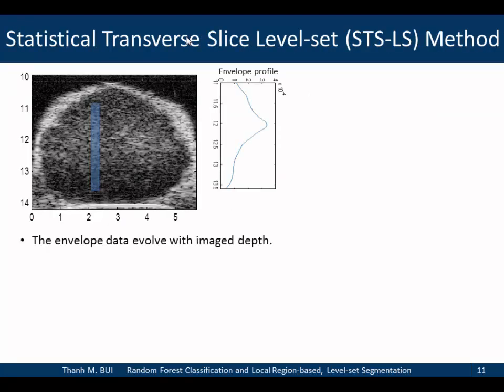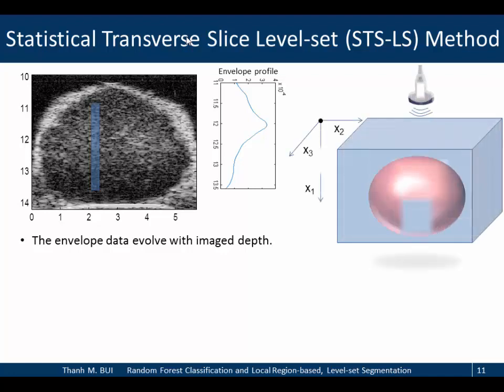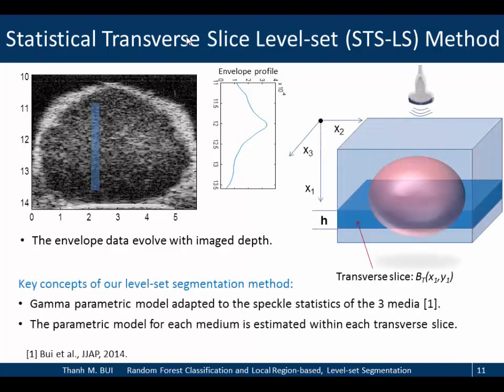As I said before, because we acquire the data using a high frequency focused transducer, the intensity evolves with depth. This image shows the profile of the intensity. If we apply a traditional, well-known level set method that incorporates global statistics, it will not work on our data. So we propose to introduce the transverse slide.